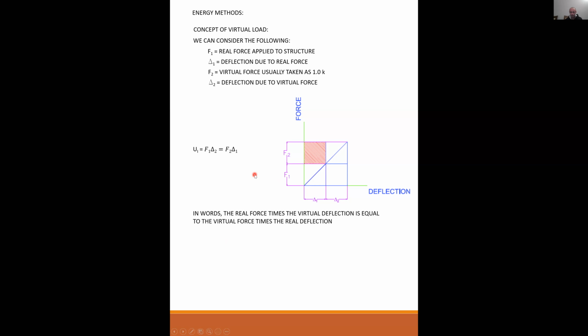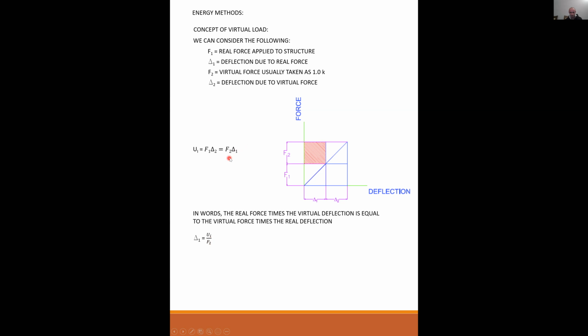Yeah, this is all trickery, all sleight of hand, but it's going to get us to what we really want, which is delta 1. We're going to know what F1 is because that's the problem statement. What we really want is delta 1. What we're using is a trickery of energy conservation to get to another way to delta 1. And there it is.